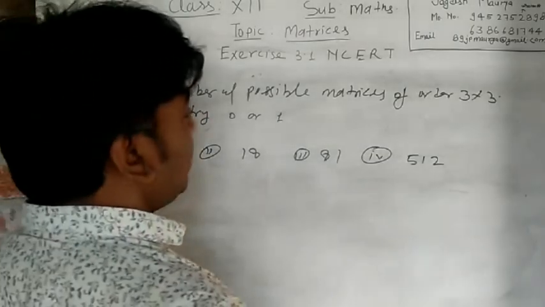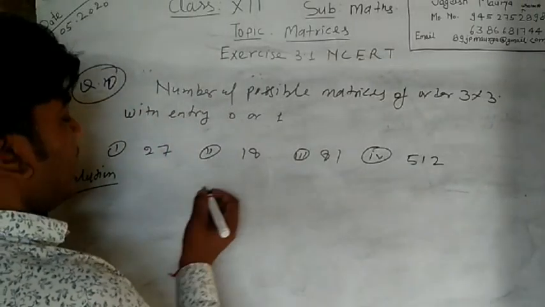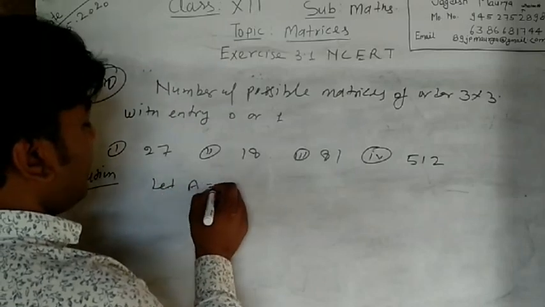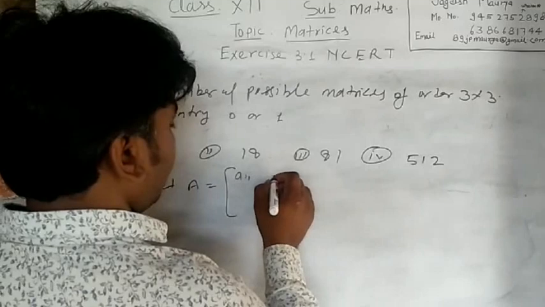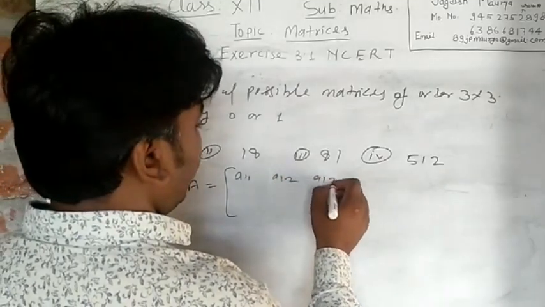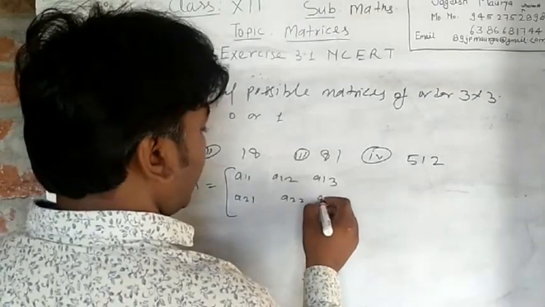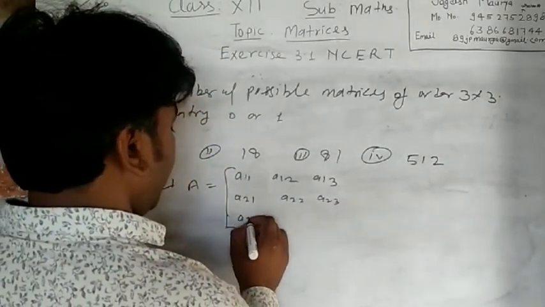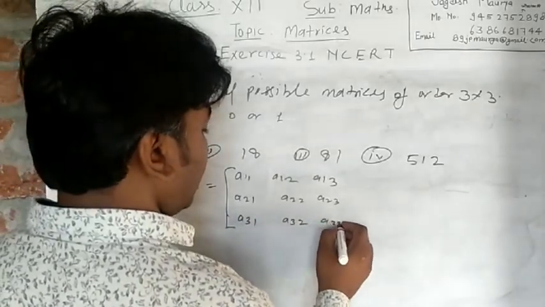If you consider a matrix of order 3 by 3, let A be a matrix of order 3 by 3, A11, A12, A13, A21, A22, A23, A31, A32, A33.